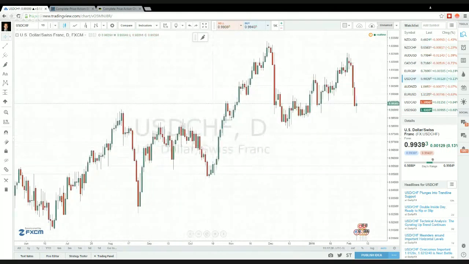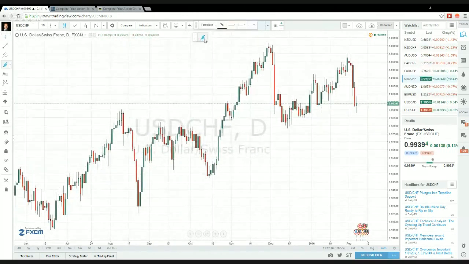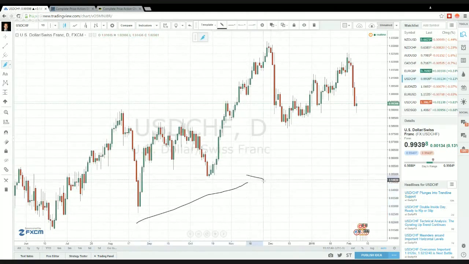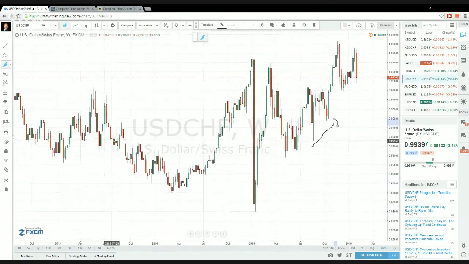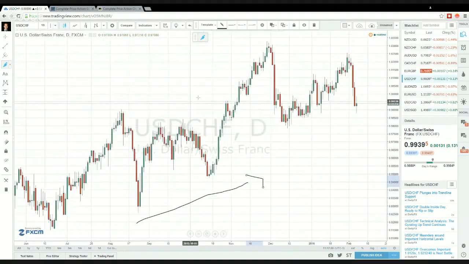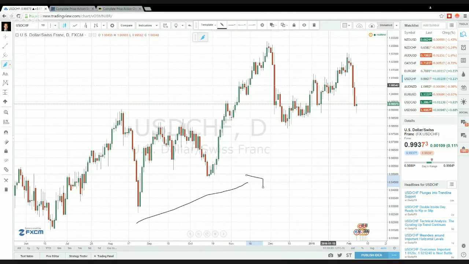Okay, what do we have in this market? The main thing I see is an uptrend, right? It's pretty clear. And if you want to make sure, we can go to the weekly chart and we see it's pretty much an uptrend. Now, what do we look for in uptrends? We look for buy trades, of course. Now, where do we look for buy trades? We look for buying trades at support areas.